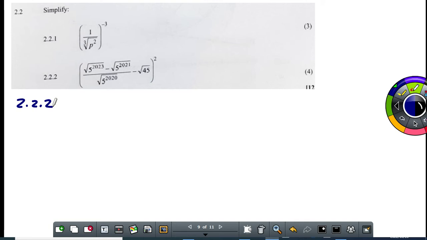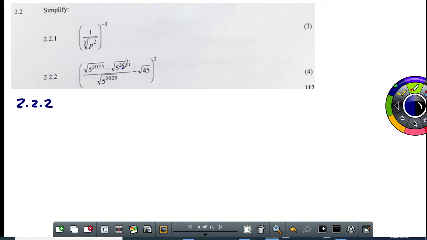Well, my suggestion, since in the denominator here we've got an exponent of 2020, right? Here we have got 2023, here we've got 2021. Just break up those exponential terms such that you create an exponential term which has got an exponent of 2020.